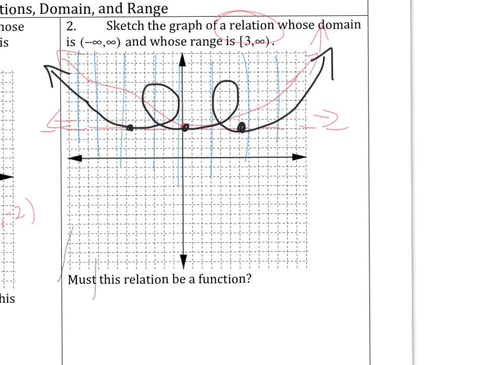Its domain is -infinity to infinity. It goes off in both directions. So it goes off here and goes off here. Its range starts at 3, that's this line here, and goes up forever. But in this case, this is not a function because it fails the vertical line test. As soon as I try to draw lines vertically through those loops, I hit more than one place.